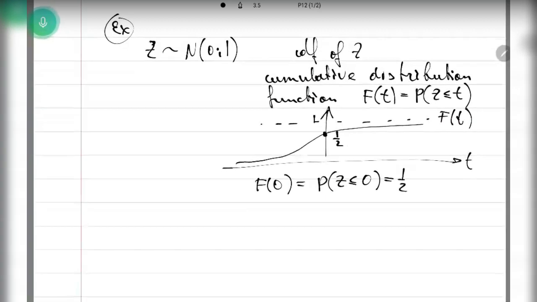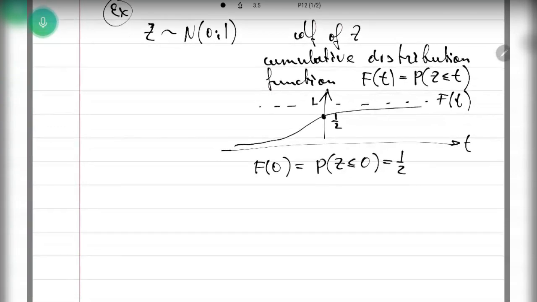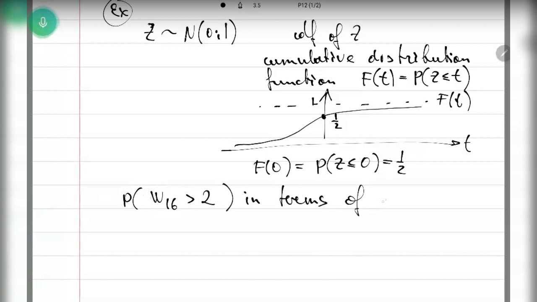Okay, and my simple question is the probability that, let's say, W7 will be, or maybe to simplify calculations, W16 will be bigger than 2, in terms of this CDF of a standard normal.